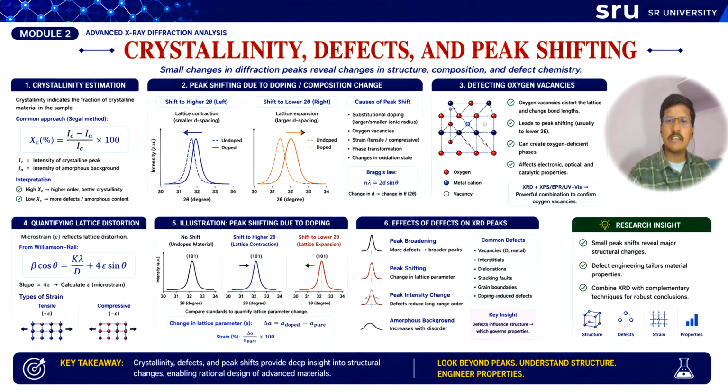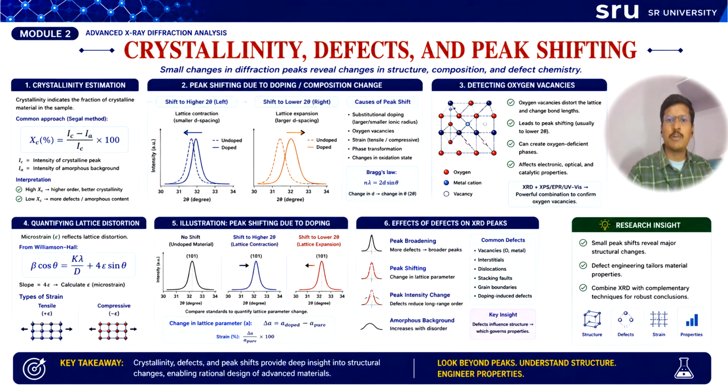Oxygen vacancies also influence the electrical conductivity, photocatalytic activity, optical absorption, and charge carrier transportation. So these are the influencing parameters of the material performance. Therefore, detecting these defects is extremely important in photocatalysis and semiconductor materials.